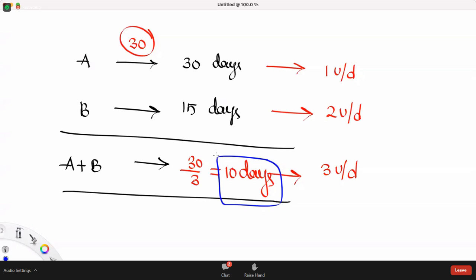I hope the point is clear. Dear students, I'm just sharing one more practice question. Just wait.